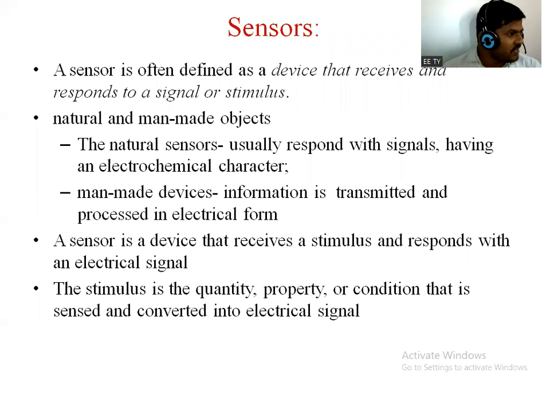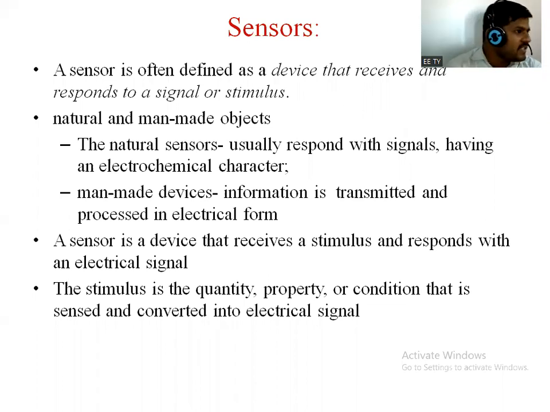So this is called a stimulus, and depending upon the stimulus, the sensor is a device that receives a stimulus and responds to it in the form of electrical energy, right? So this is the definition of stimulus and sensor. Have all of you understood the concept of stimulus? Because we are using the word stimulus in this course as a sensor input.